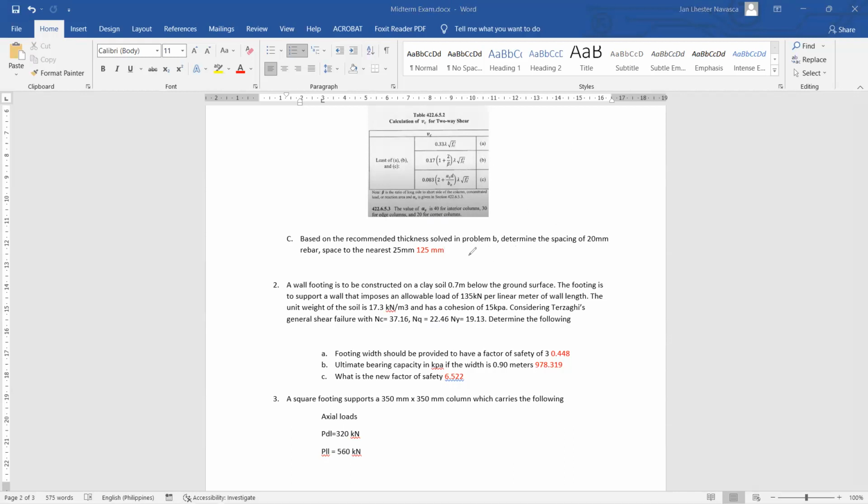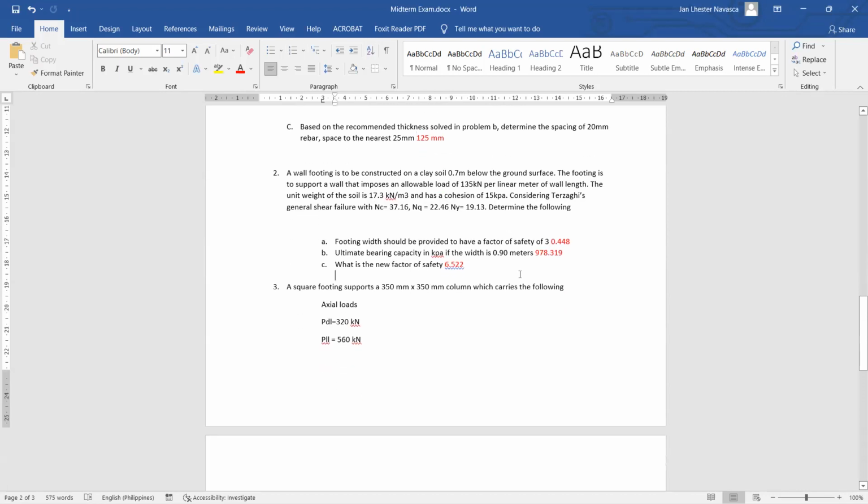So, ang nag-govern dito na rho, based on my calculation, is the rho min 1. Okay, so ito yung required steel ratio. And you can now solve for the spacing. Okay, so ganyan. I think the answer dito is 130. So convert to nearest 25 millimeter spacing, that is 125. So round down po tayo pag sa spacing, ha.